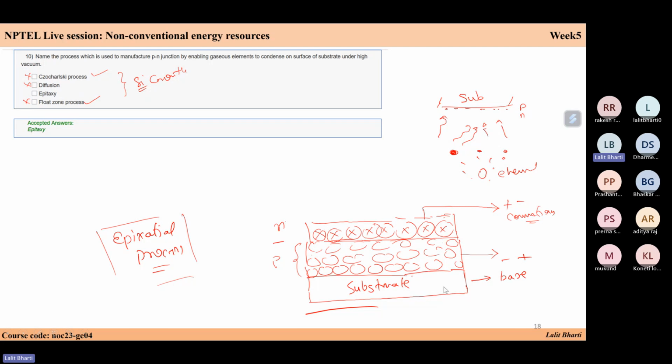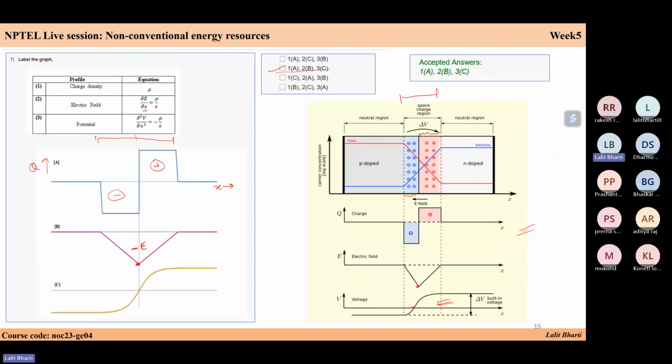Then we make the contacts and get the p-n junction, and we can apply bias from this side. So epitaxy is the process to manufacture the p-n junction, while diffusion is not used for that. So we have this last question done.